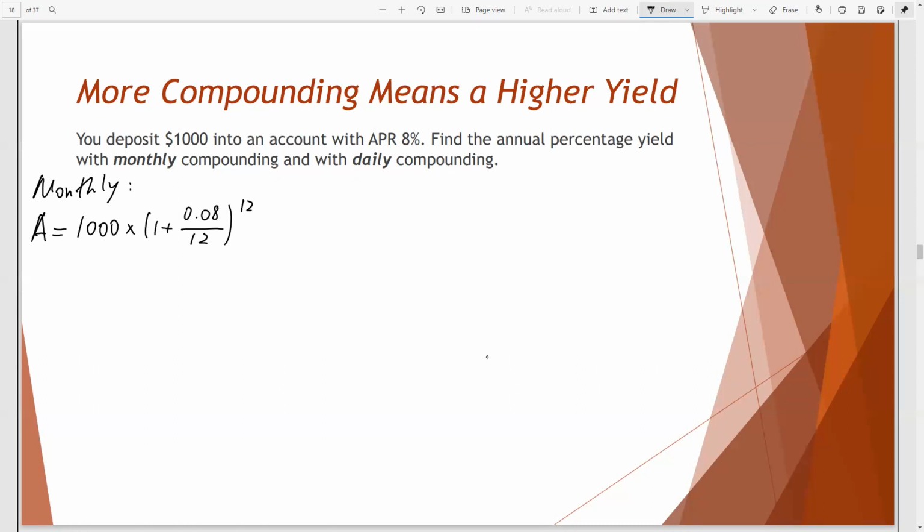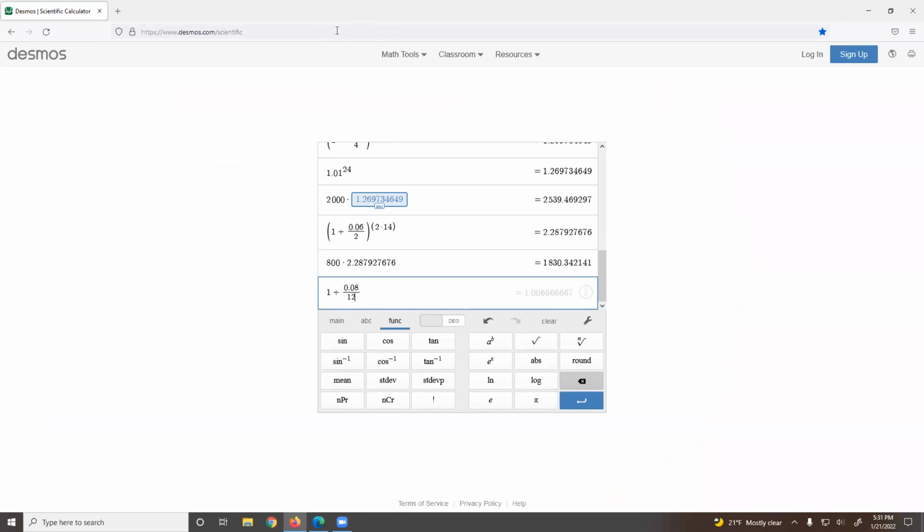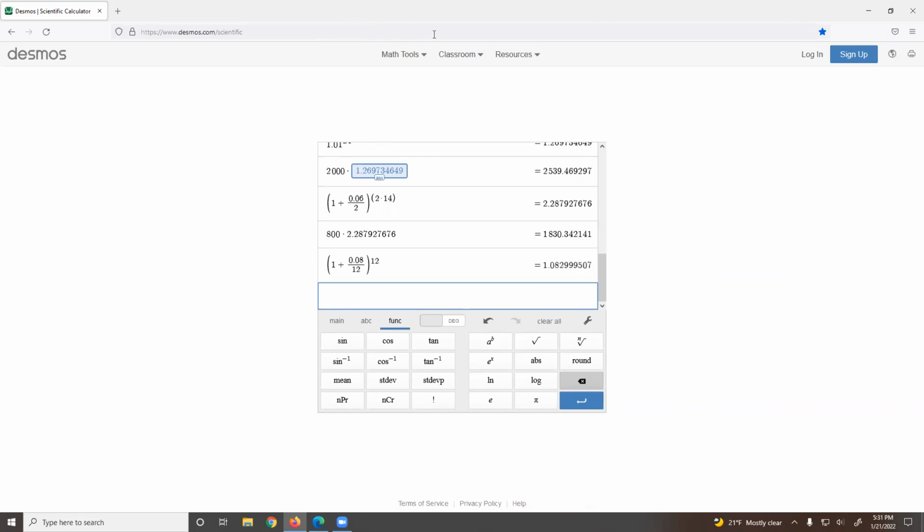So to find the APY, annual percentage yield, we just find the 1 year payment. 1 plus 0.08 divided by 12, that thing raised to the 12th power. That's 1.0829.